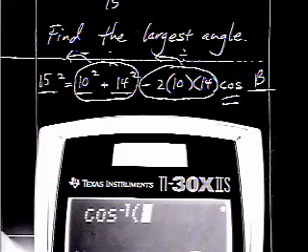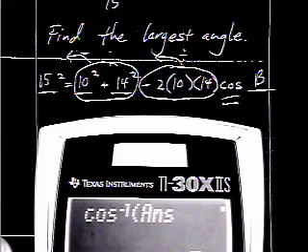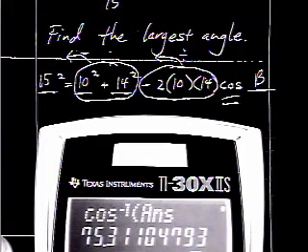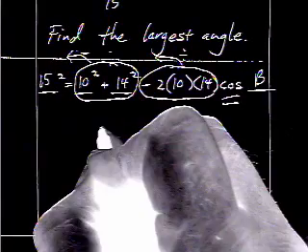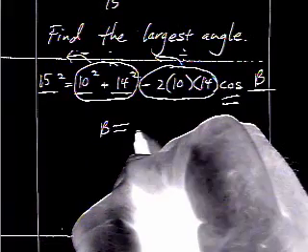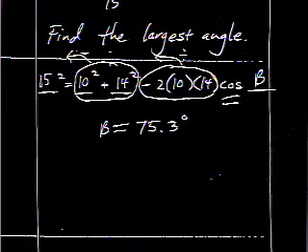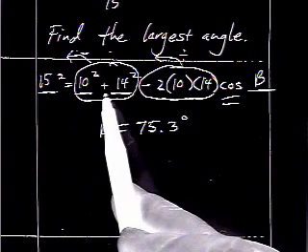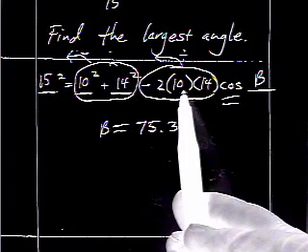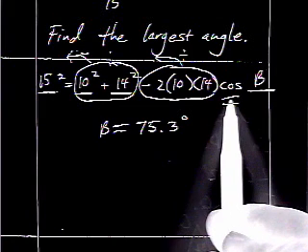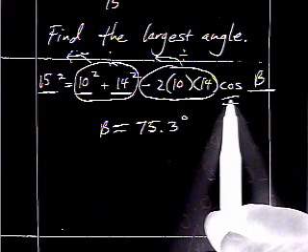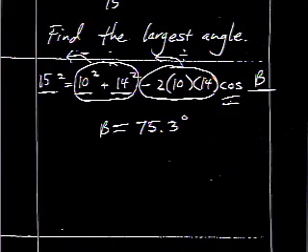Then I'm going to invert the cosine. Angle B is a 75.3 degree angle, approximately. Three things. Subtract, divide, invert the cosine. Talk to you in class.